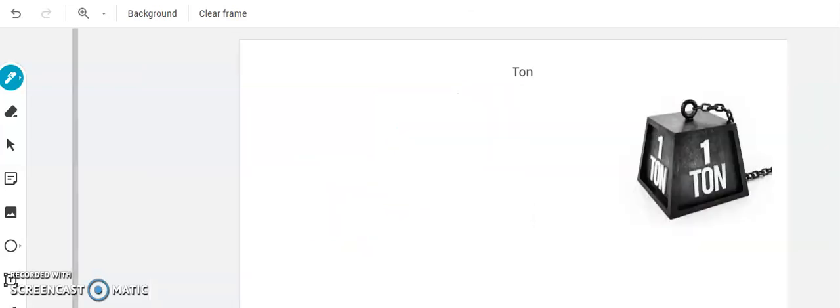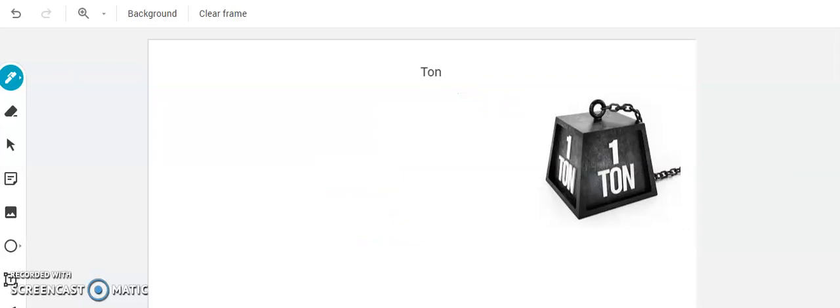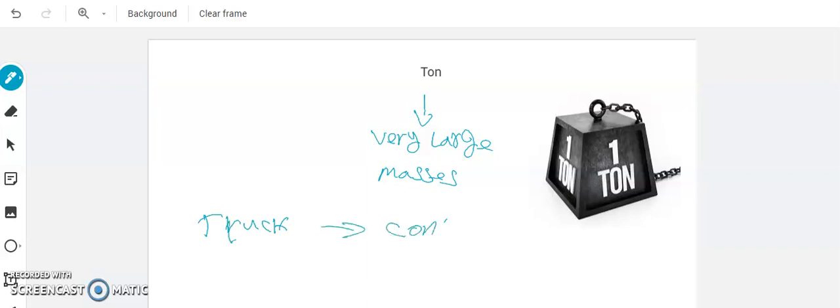Next one, the ton. Ton is a bigger unit used for very large masses, like the mass of a truck, the mass of a container, the one that's used for carrying shipments from any country in the world.